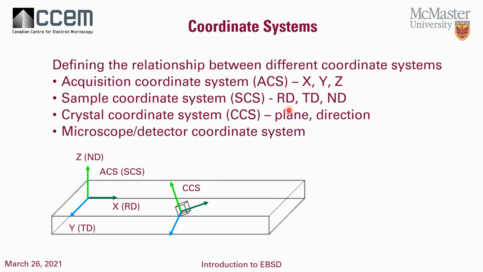But we might want to relate it to, if we're looking at, say, a rolled material, the rolling, transverse, and normal directions. So we need to know what the relationship between those different coordinate systems is. And we may, for the analysis, want to relate it also to the crystal structure, so the planes within the material, or the direction in which the texture is going in the material.